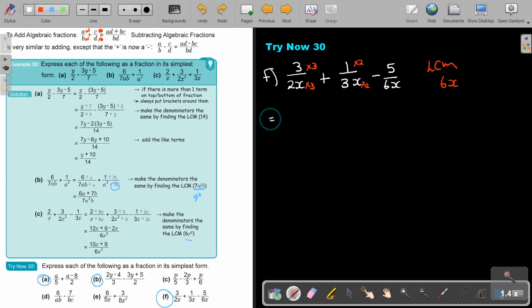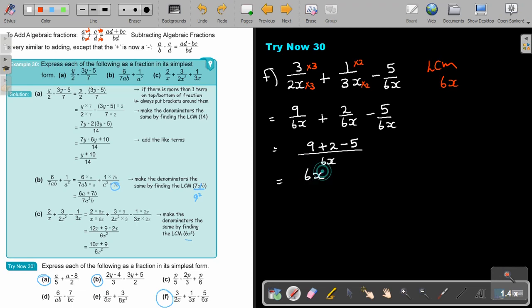So what do I get? I get 9 over 6x plus 2 over 6x minus 5 over 6x. And there is my 6x, and it's 9 plus 2, which is 11, minus 5. So it's going to be 6 over 6x, but then I can say 6 can go in 1, and my final answer will be 1 over x, and that will be my final answer.